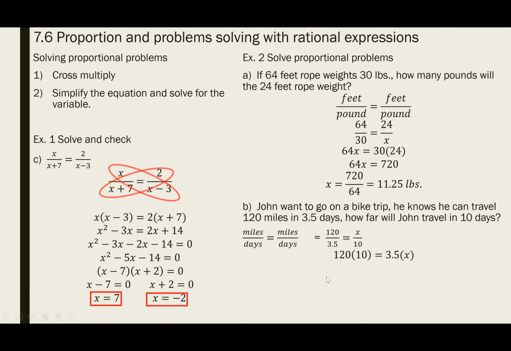And again, I just cross multiply, and I have 10 times 120 and 3.5 times X. Then I divide to get that if he were to ride this bike 10 days, he would travel 342.9 miles.